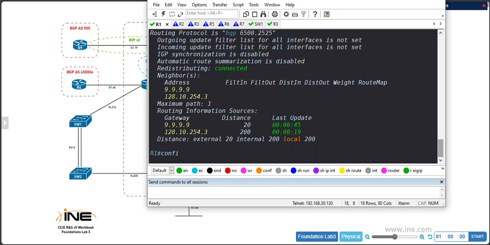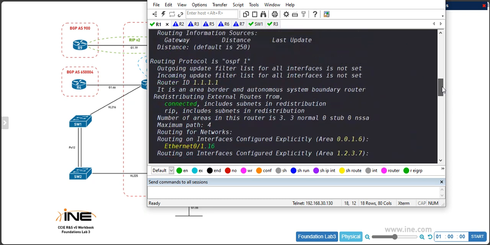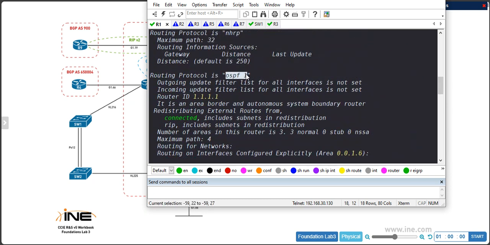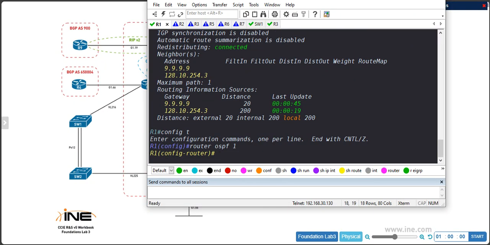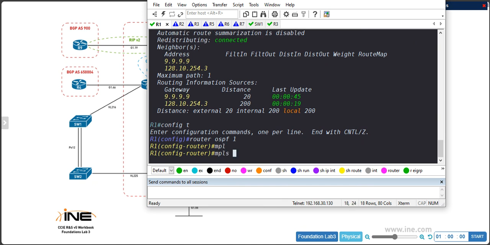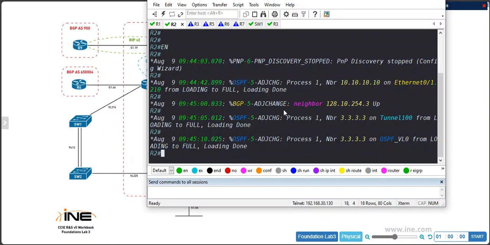Okay, config. Go to router OSPF 1 with mpls ldp autoconfig. Let's start with R2.